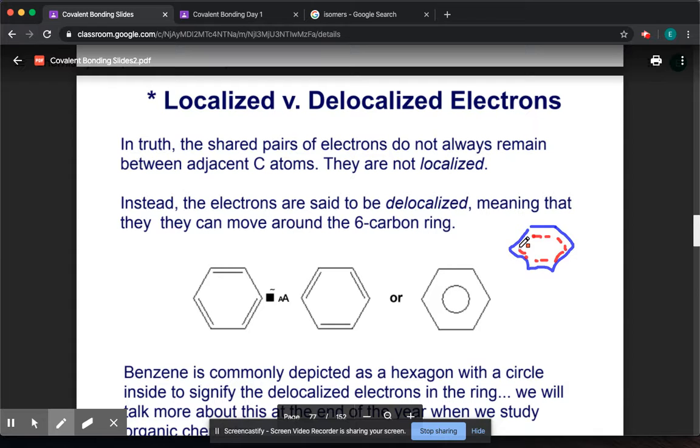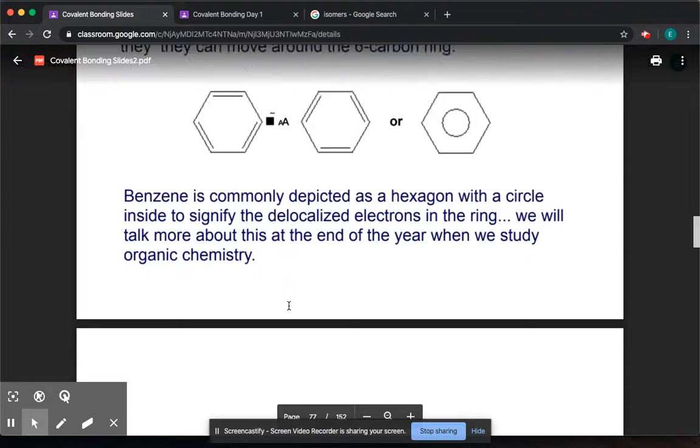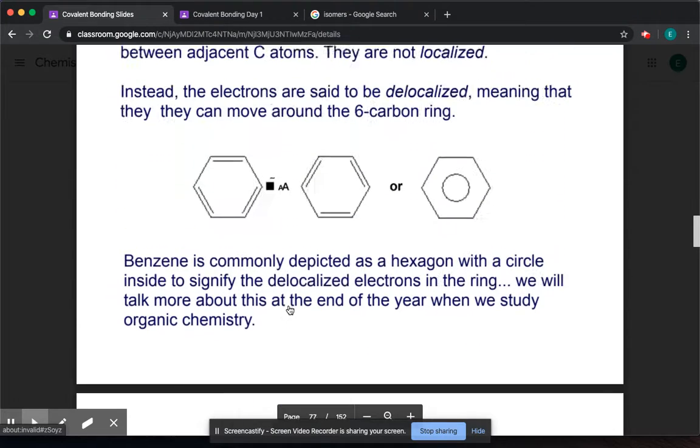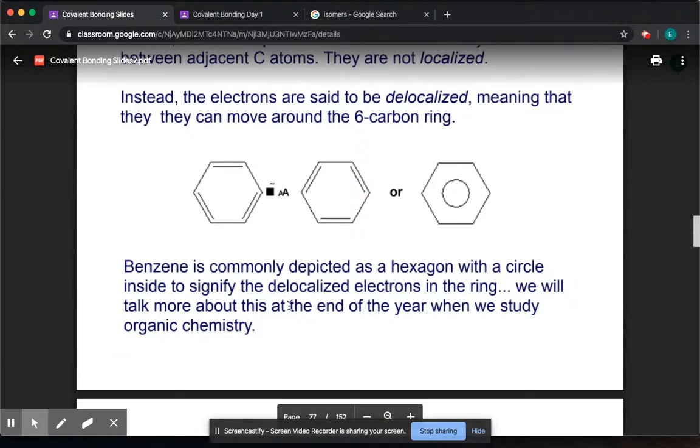And instead of doing the dashes, what they do instead is they just draw a circle around the whole thing, saying that the electrons can be anywhere within the circle, or anywhere within the hexagon, which is true. So that's what resonance refers to. It just means that the electron configurations or the electrons can be placed in more than one location.